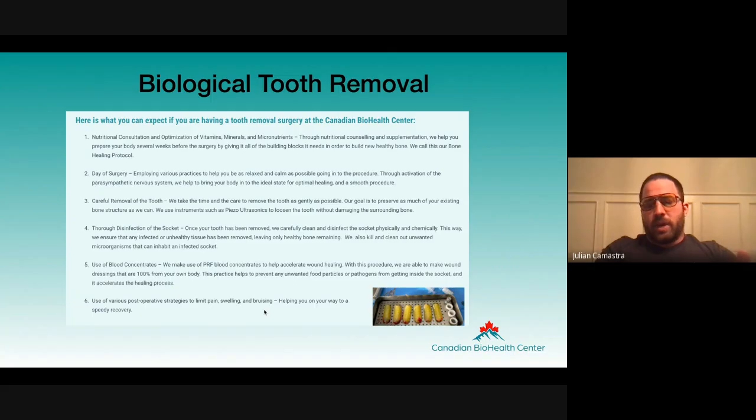So this is what I call the biological tooth extraction, or the biological protocol for treating a cavitation. So if you're looking for someone to do something like this for you, you really want to make sure they're doing most of these things, and that's how you know that you're going to heal properly. Just having a tooth out and having it stitched up or something, unfortunately in today's day, just doesn't heal properly most of the time.